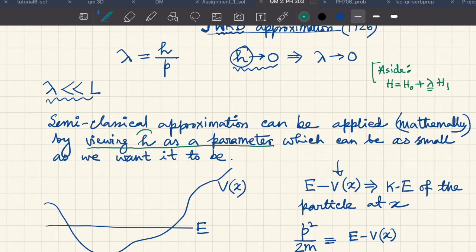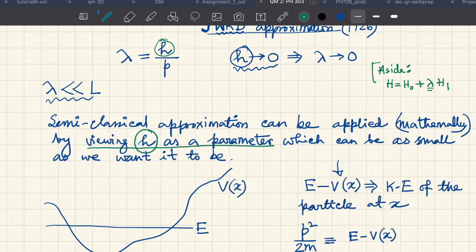But now, when we are viewing h as a parameter in the theory, remember h is no longer a dimensionless quantity. h has the dimension of angular momentum. So we are dealing with something tricky that we need to understand very carefully.